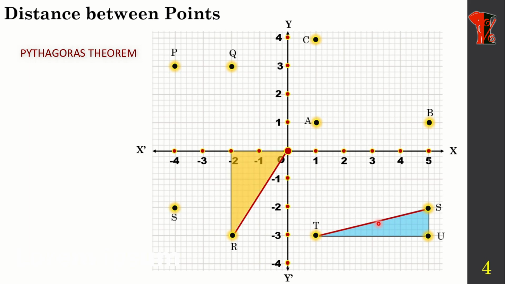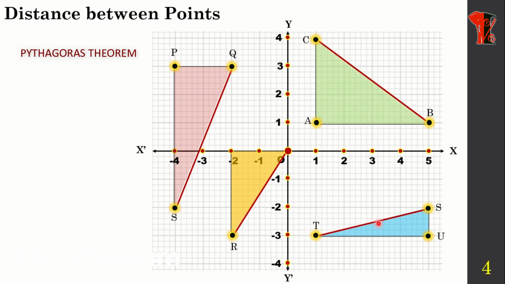You can see here another right angle triangle, and another, and another. So basically you can find the distance of slanted lines which are not parallel to the x-axis or y-axis by applying the Pythagoras theorem. That means the Pythagoras theorem is the base of the distance formula.